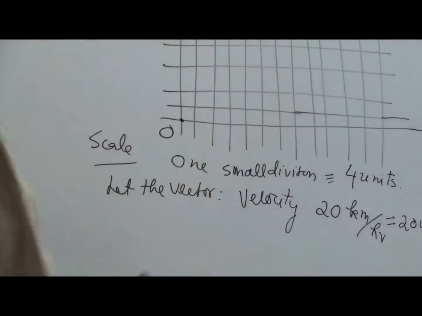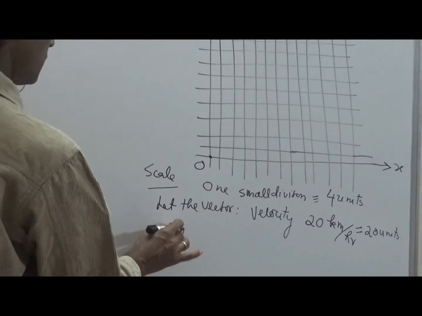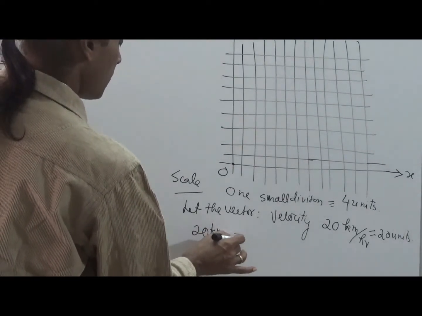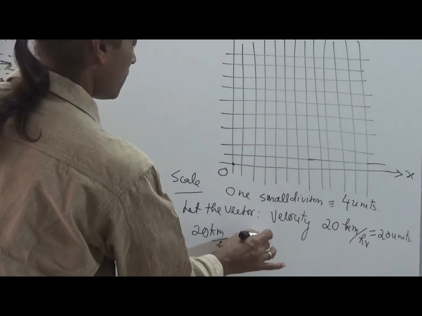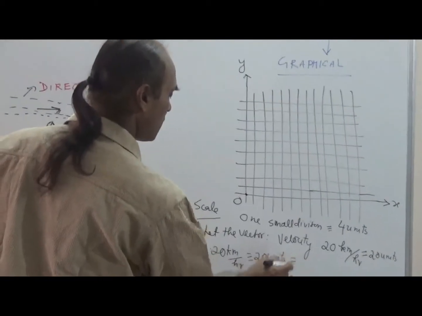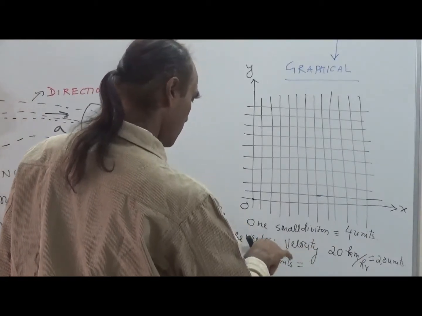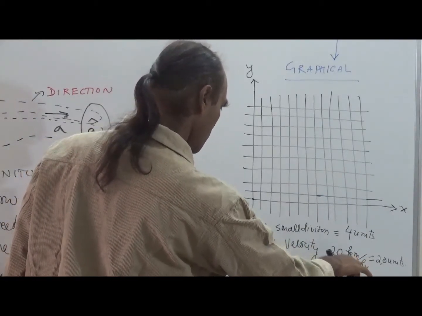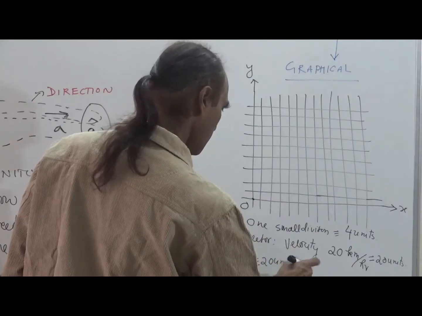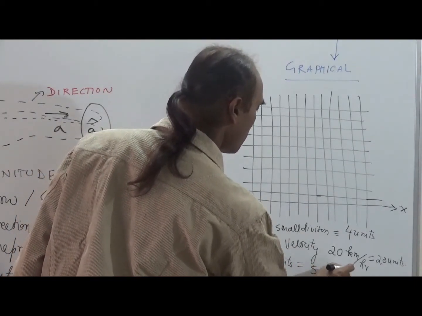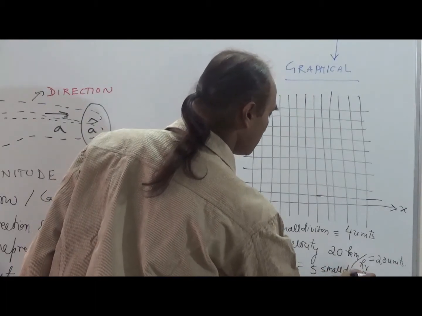In this graph paper, 20 kilometer per hour, equivalent to 20 units, is equal to 5 small divisions.